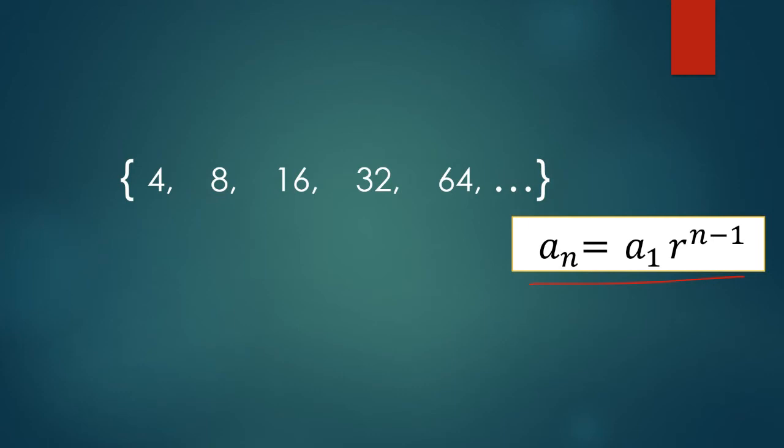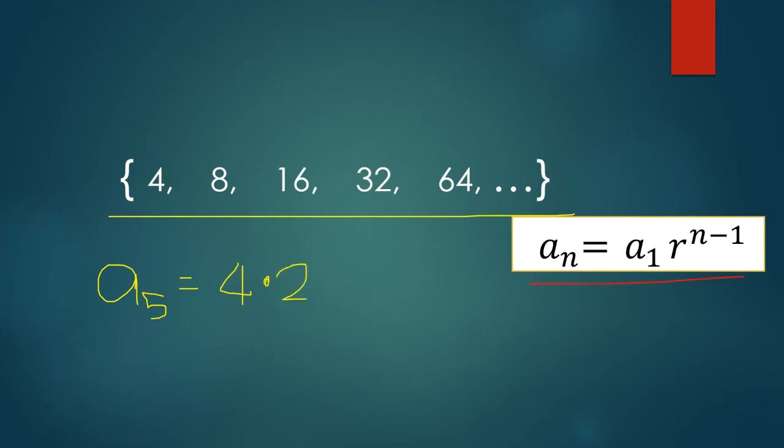Let's say again we have this geometric sequence, and we want to get the fifth term. If we follow the formula, our A1 is 4 and R is 2, so we multiply 4 times 2 raised to n minus 1, which is 5 minus 1.